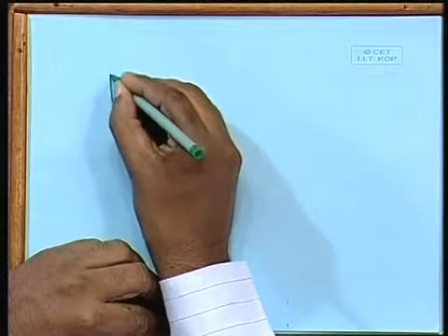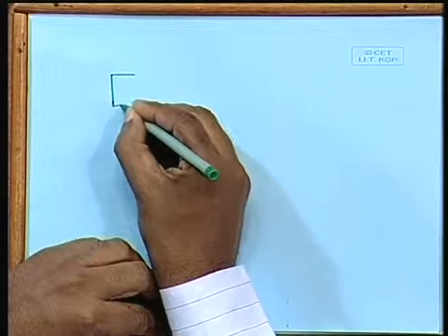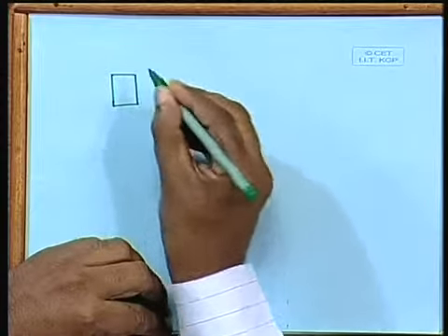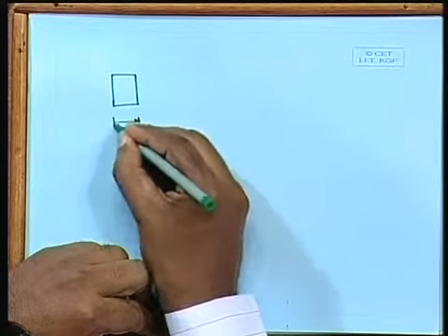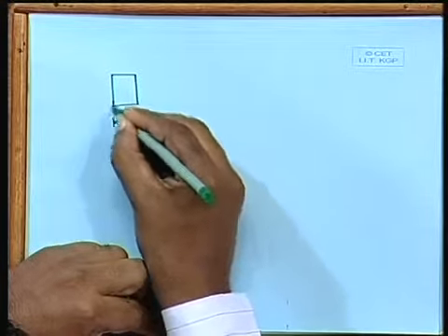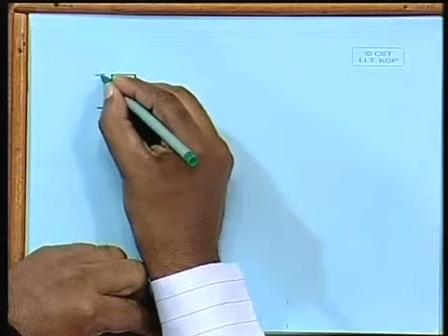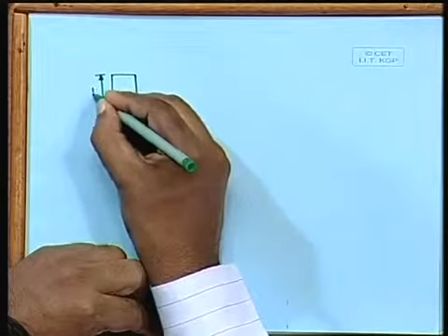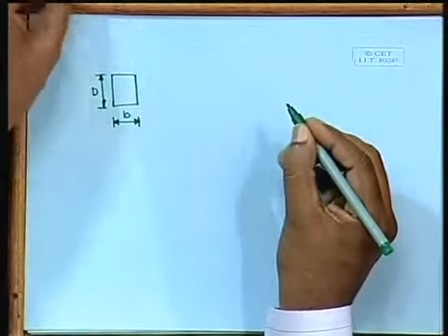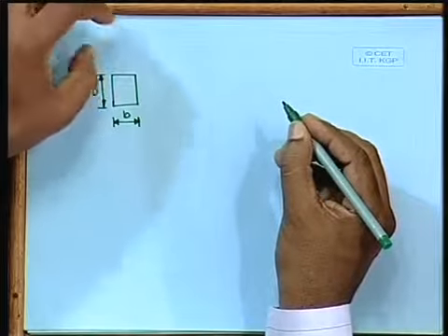Let us consider that we would like to provide a section, maybe rectangular, having width B and depth D. We would like to provide this particular section for a beam.